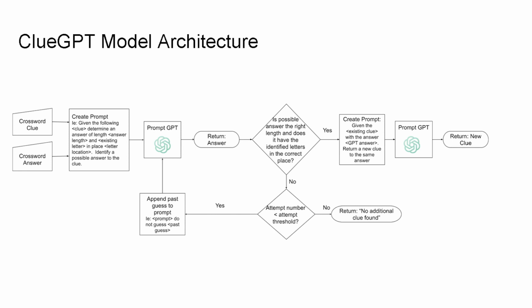If it is not correct, we ask it to try again, this time excluding its previous incorrect answer, and keep trying until it reaches some threshold. If in the end it doesn't get any correct answers, we ask it to return no additional clue found, because we don't want any incorrect clues.